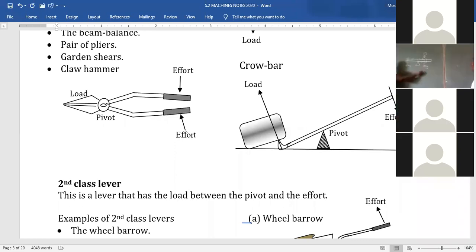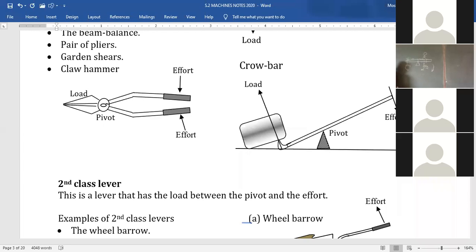Clockwise. Then that direction? Anti-clockwise. So we want equilibrium: the clockwise moment equals the anti-clockwise moment.